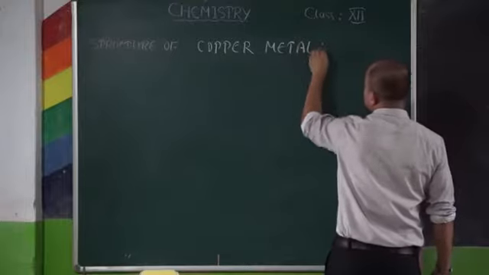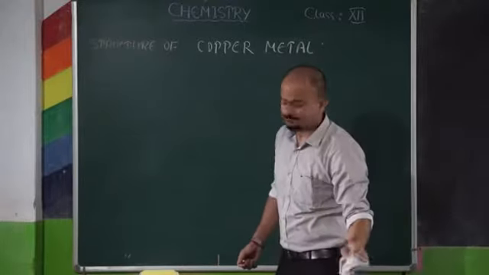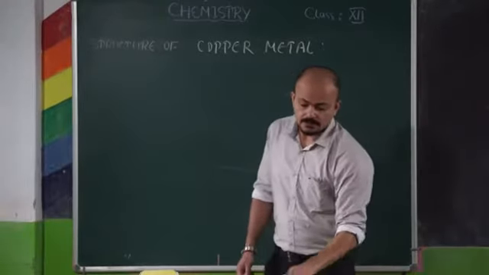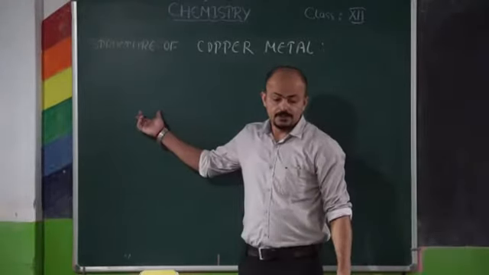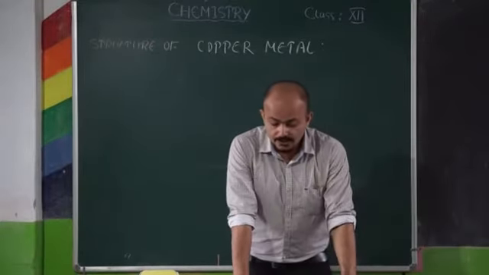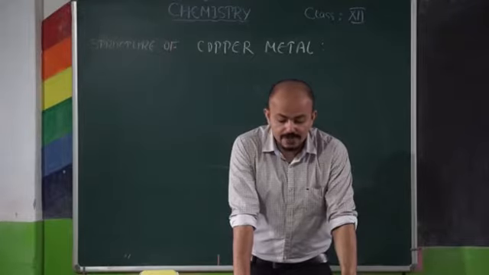Now, here also what you have to remember. The crystal lattice of copper is made up of identical positive ions forming a close packed structure.